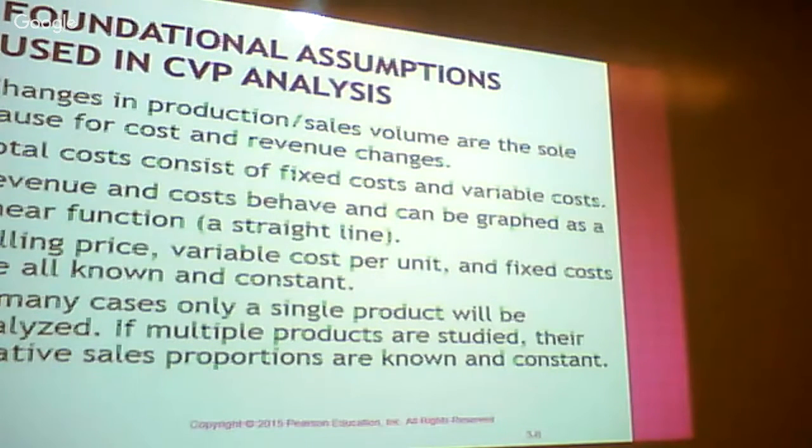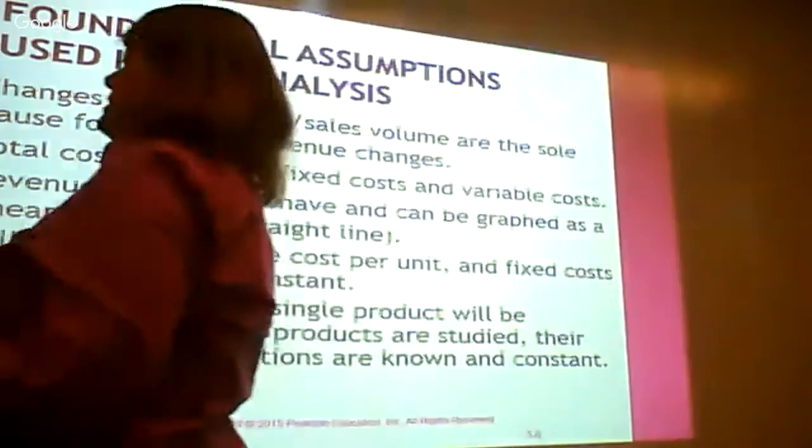But then there, we have to say, okay, our product mix is the same. Or our product, we know our product mix. In reality, we don't know our product mix, do we? You know, we can get a good idea of what it is, but we don't. But in a CVP analysis, we assume that the product mixes are known and constant. They don't change, okay? So those are some of the assumptions that we have to make.